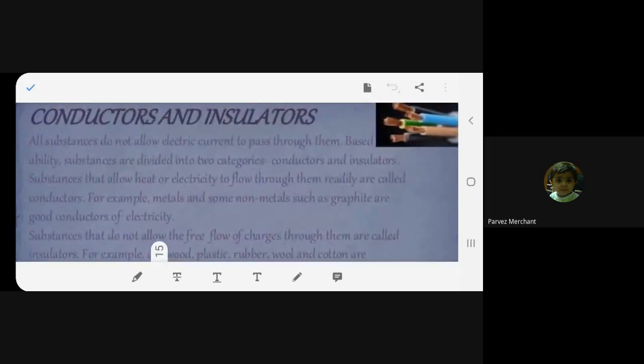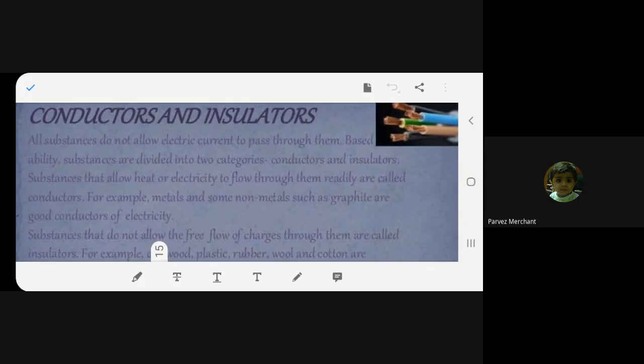Now more about conductors and insulators. Please read. We'll come to know some more examples from this slide. Conductors and insulators. All substances do not allow electric current to pass through them.